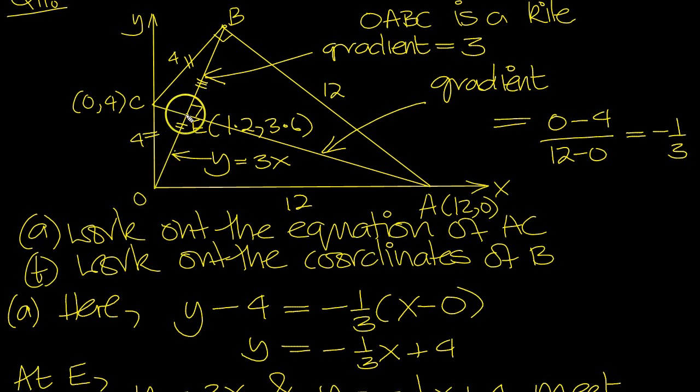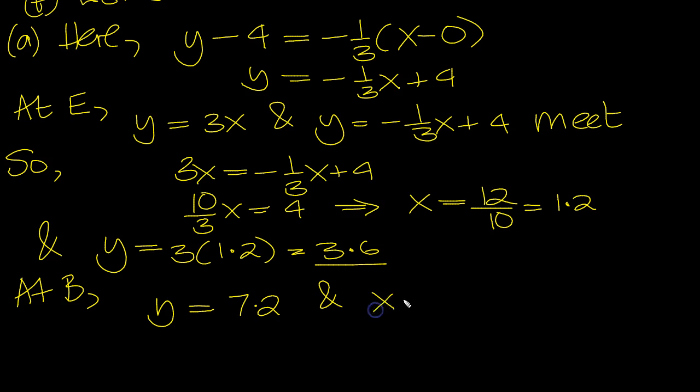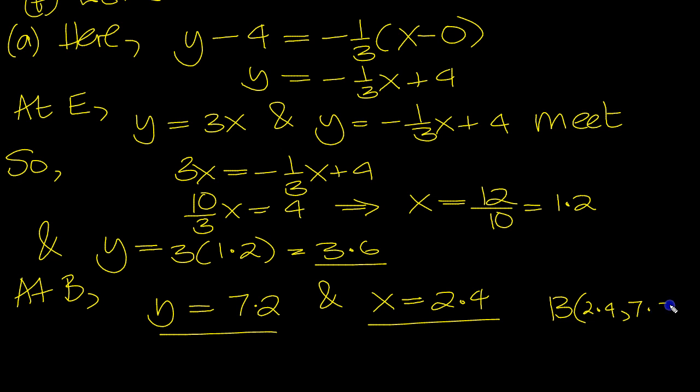So if we know this coordinate here, we just double them up and we'll get the coordinate of B, won't we? So at B, y is equal to double this, 7.2, and x is equal to double this, 2.4. In other words, B has coordinates 2.4 and 7.2.